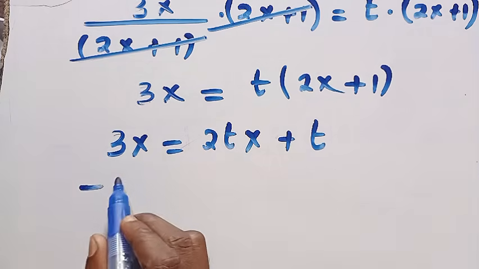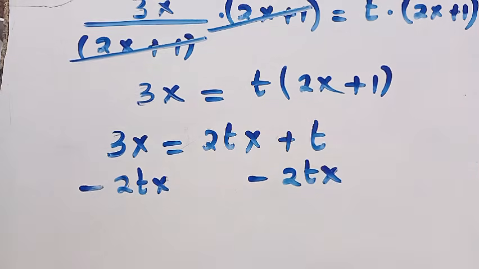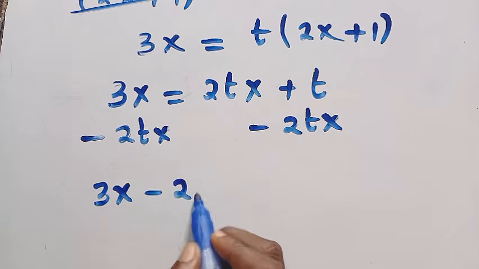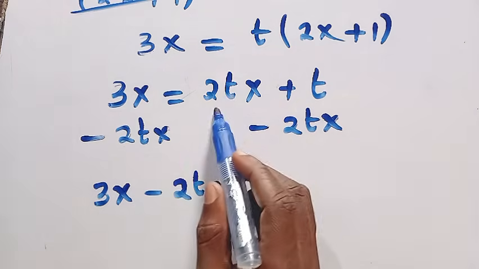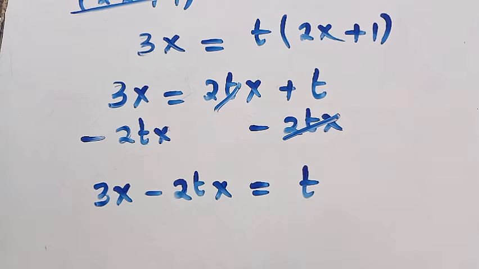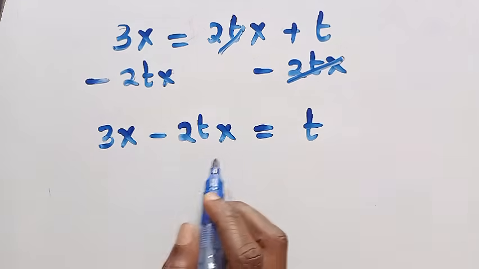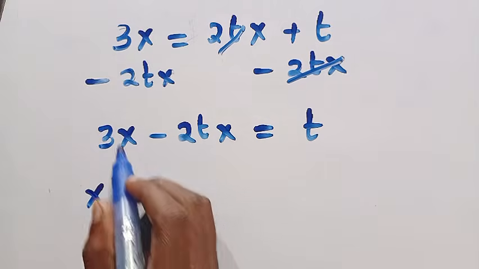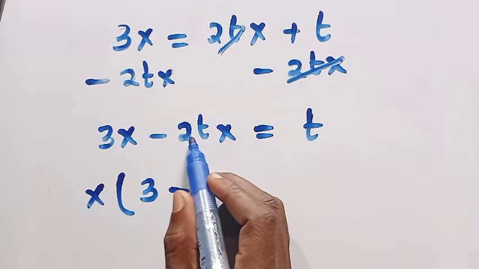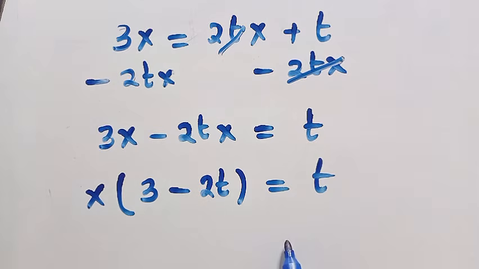We have 3x minus 2tx, and plus 2tx minus 2tx cancels, which gives us t. After obtaining this, let's factor out x. We have 3 minus 2t, all multiplied by x, equals t.